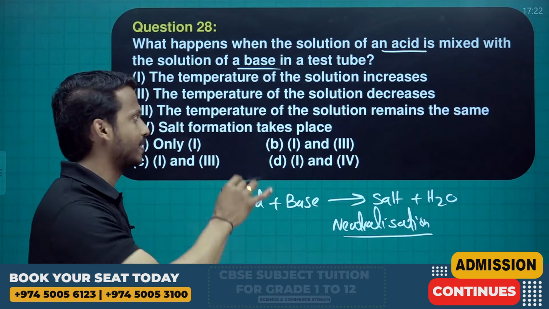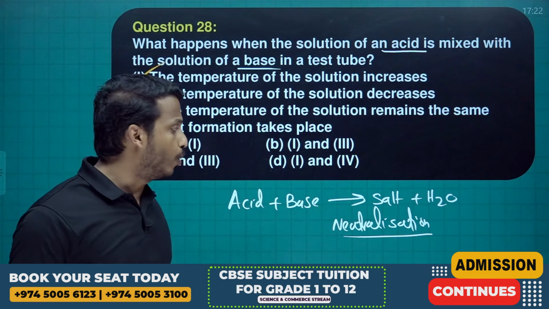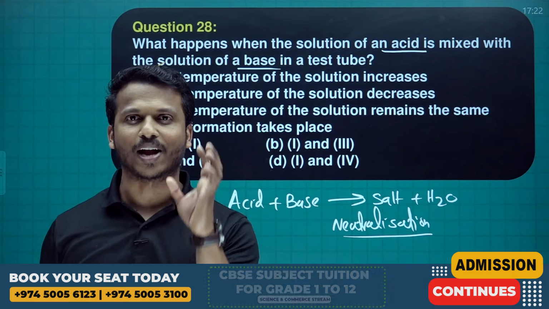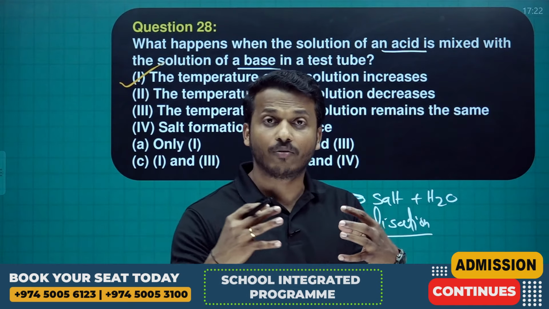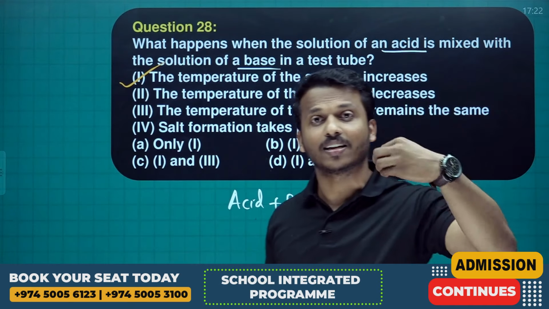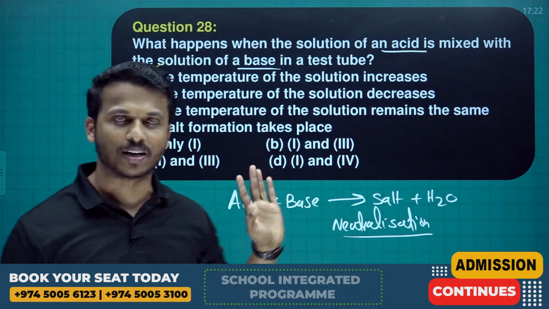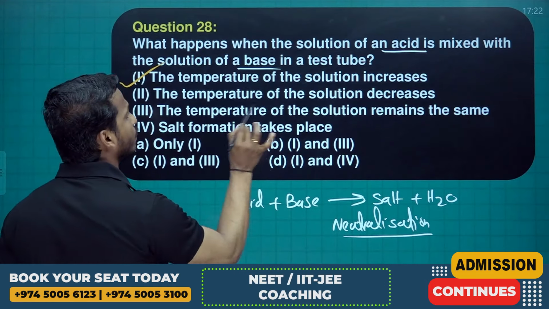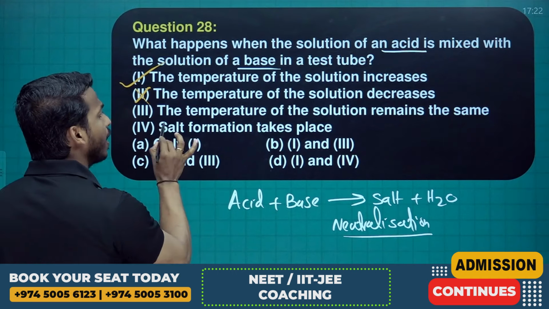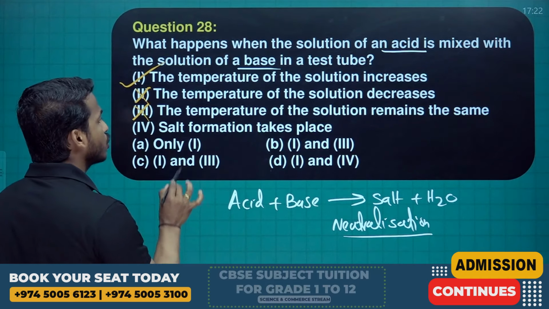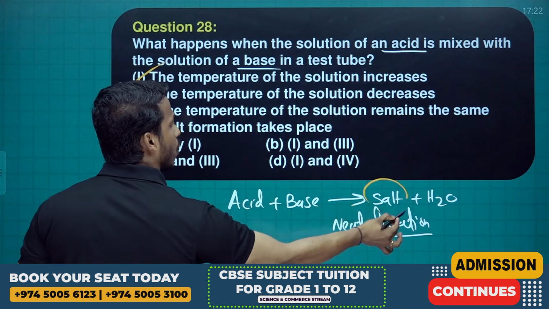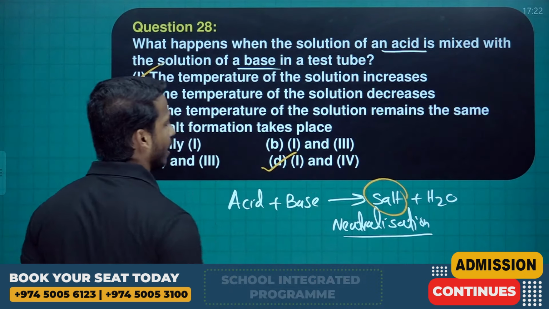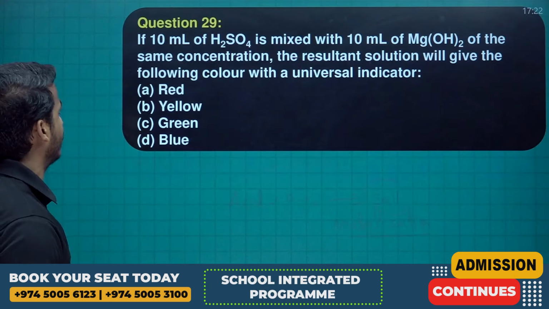Please note, all of you, a neutralization reaction is basically an exothermic reaction. When acid combines with the base, heat is liberated, so the temperature increases. Salt formation takes place. Yes, salt is forming. So 1 and 4 are correct. So option D is the correct answer.